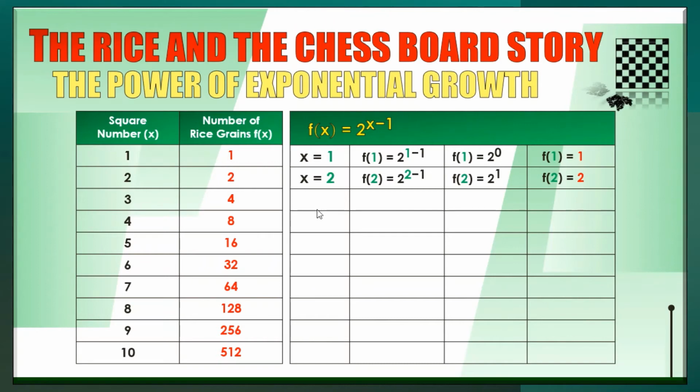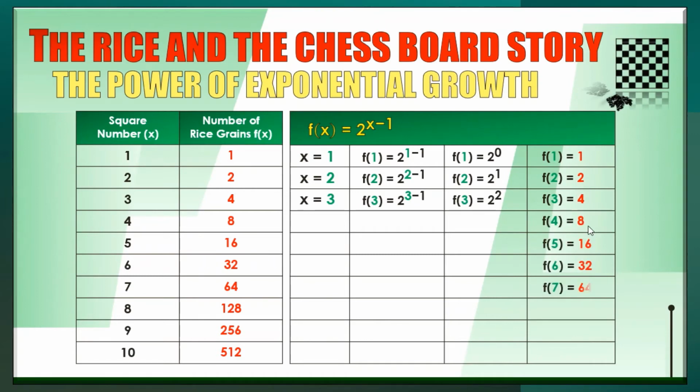On the third square, the value of our x is equal to 3. Substituting 3 to our formula, we have f of 3 is equal to 2 raised to 3 minus 1. 3 minus 1 is equal to 2, and 2 squared is equal to 4. Therefore, on the third square, we have 4 grains of rice.